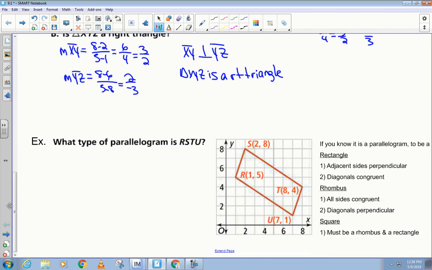Now, you're going to be asked to determine what kind of parallelograms these are. Now, what's true about a parallelogram? What do we know about parallelograms? Opposite angles are congruent. Opposite sides are parallel. What's true about the diagonals?